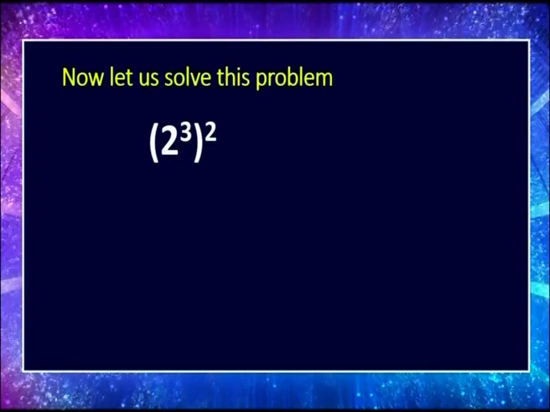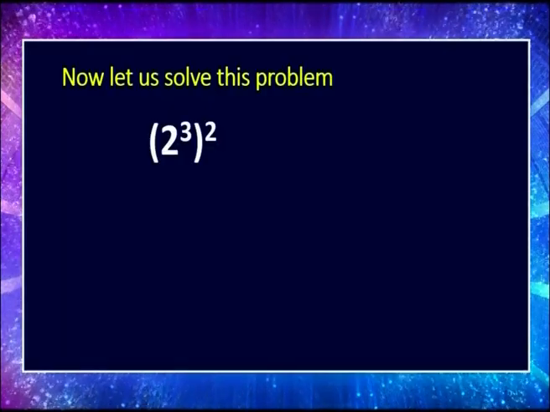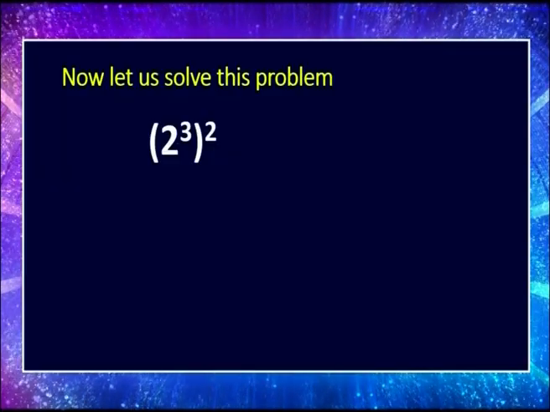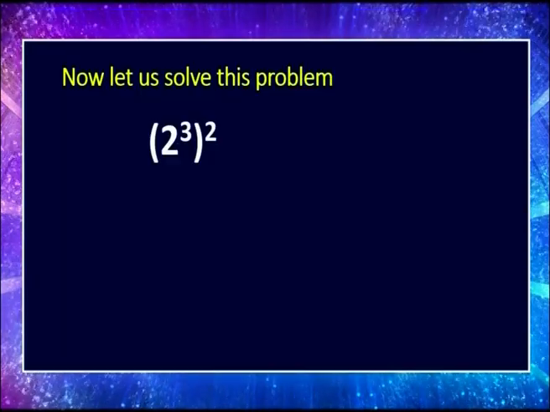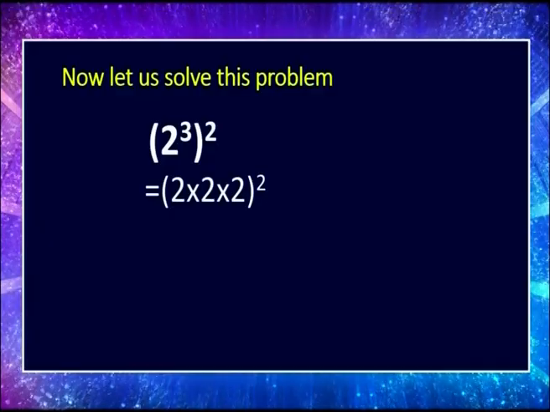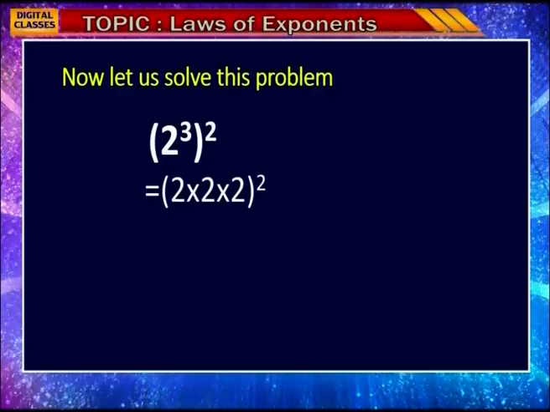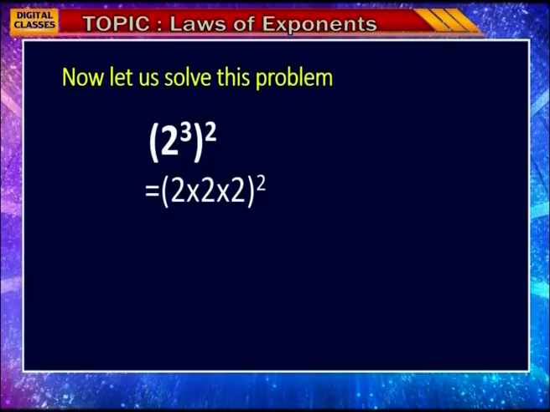Now we'll solve this problem now. The exponential form which is there inside the bracket, what is there? It is 2 to the power of 3. Therefore, 2 to the power of 3 can be multiplied like this. So, 2 is multiplied 3 times. Now, we'll write like this first of all. And observe here, bracket is there.